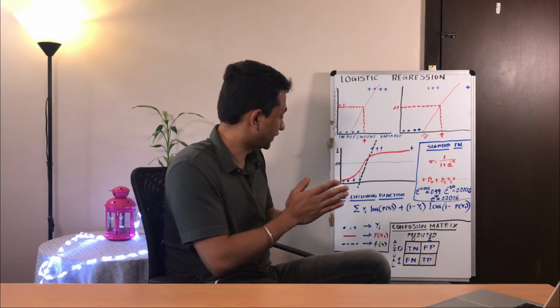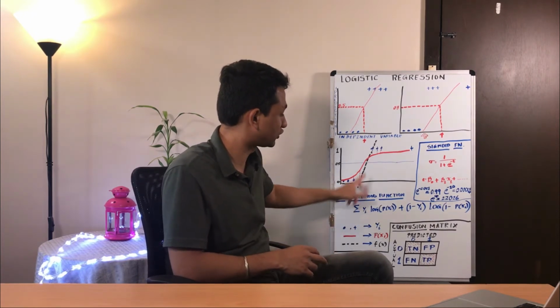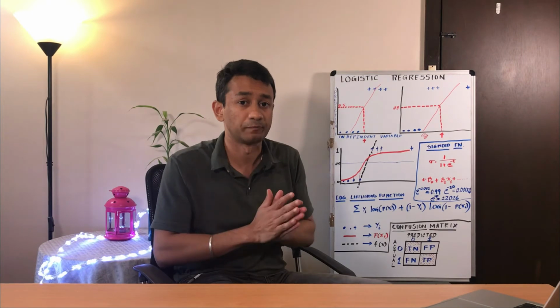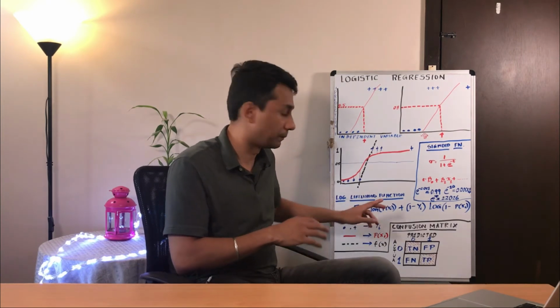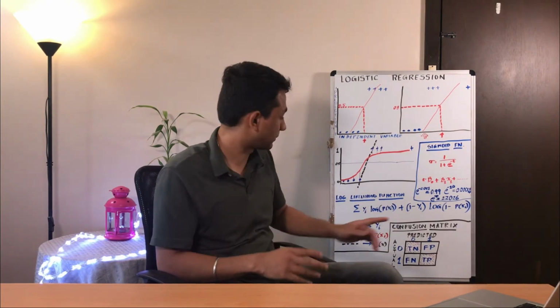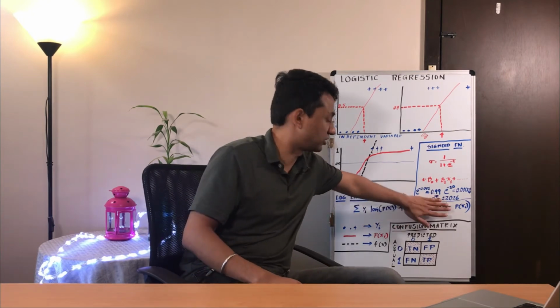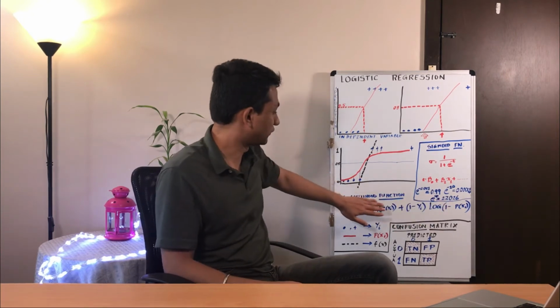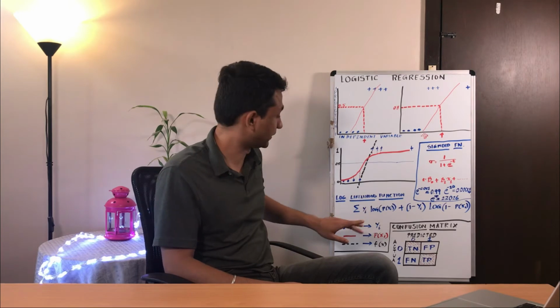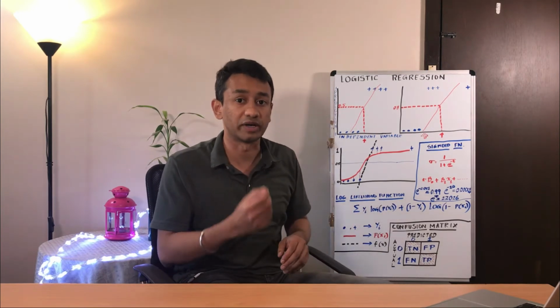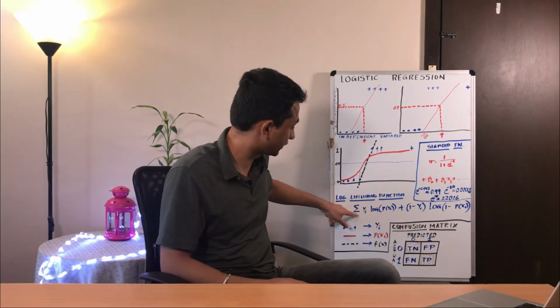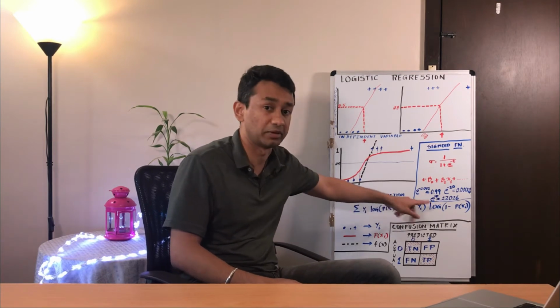If we take an example, let's say the actual output value is 1 and we predict 1 as well. Then this part of the equation becomes 0. So the log likelihood function that will be considered when the value of y is 1 is only this part of the equation, because the second part becomes 0.